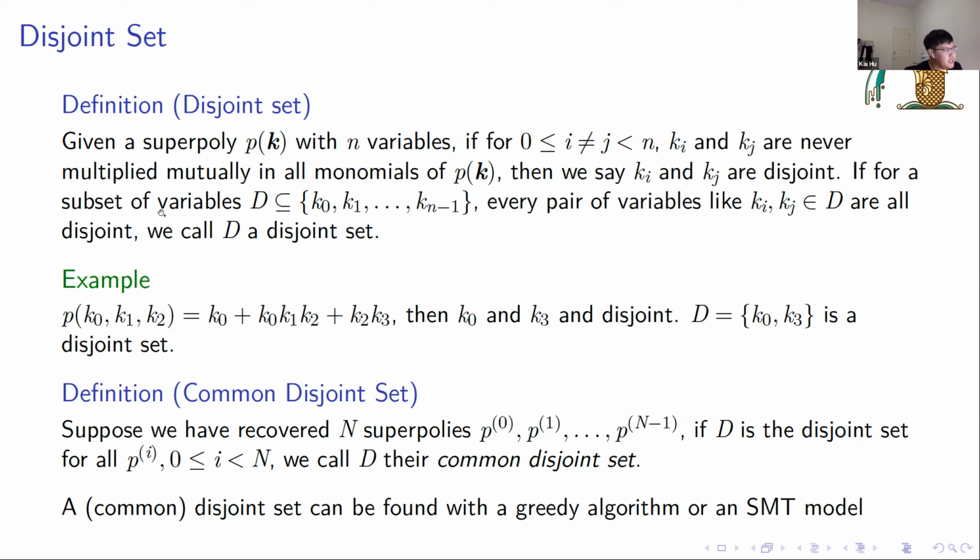For a subset of variables D, if every pair of variables is disjoint, we say D is a disjoint set. And given n superpolies P_0 to P_(n-1), if D is a disjoint set for each superpoly, we call D the common disjoint set of these superpolies.